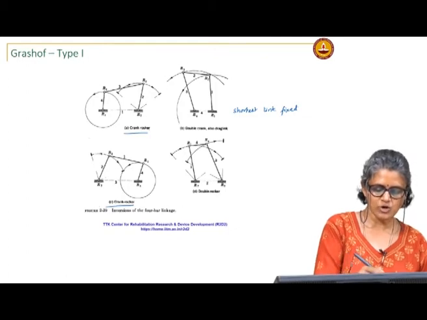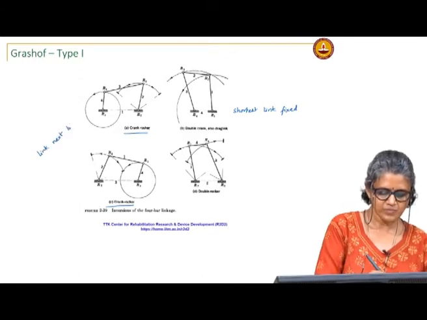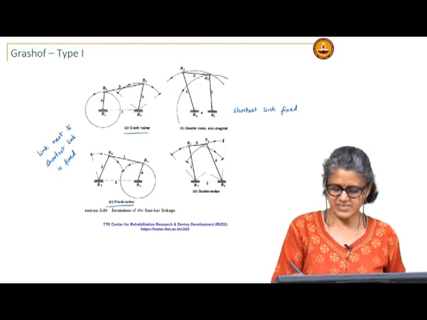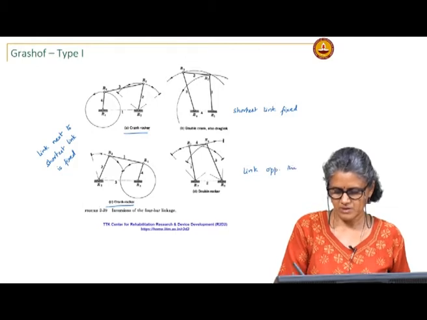So, these two are called non-distinct inversions, link next to the shortest link. And in this case, the link opposite the shortest link is fixed.